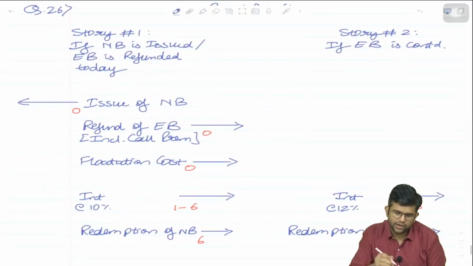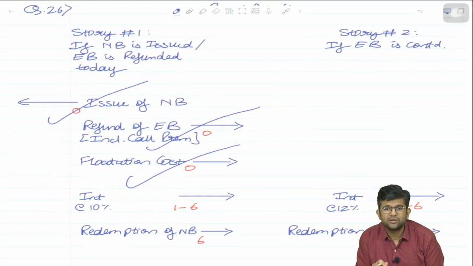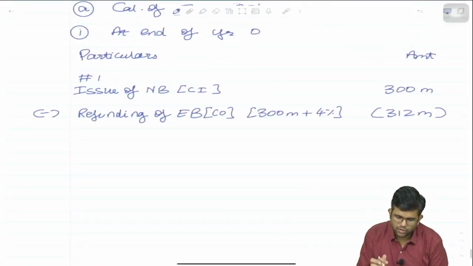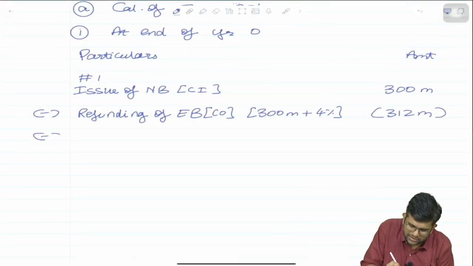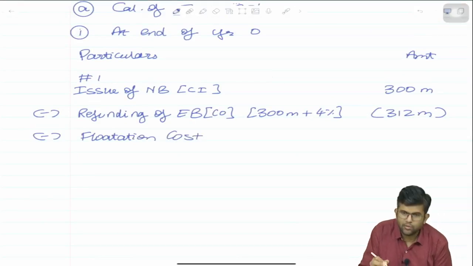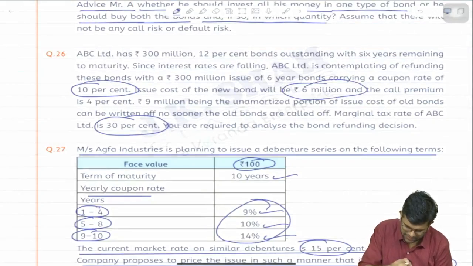Next, I am done with this. I have to also incur flotation cost. So I'll write here minus flotation cost. How much is the flotation cost I have to incur? Issue cost is 6 million, correct?